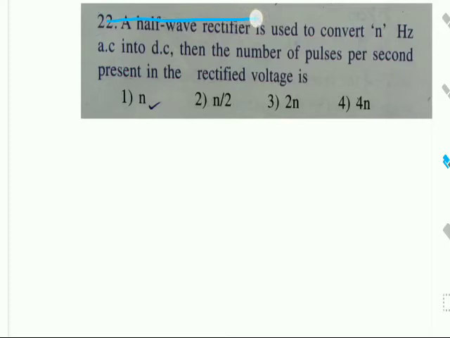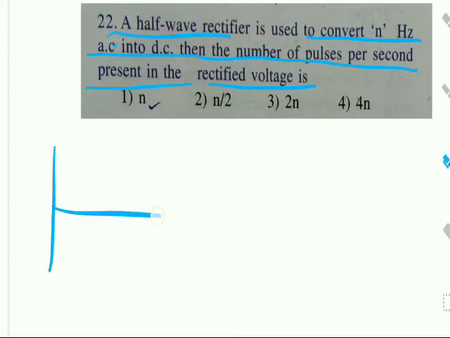A half wave rectifier is used to convert AC into DC. The number of pulses per second present in the rectified voltage is. He is asking half wave rectifier.